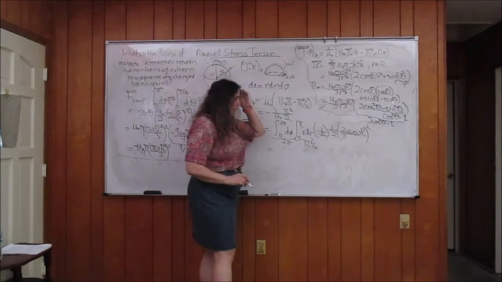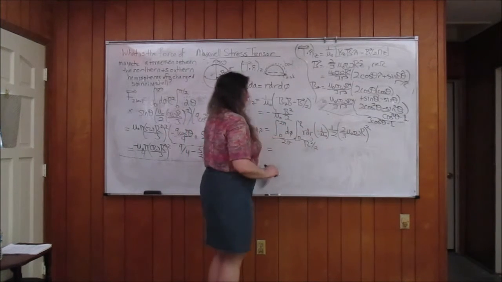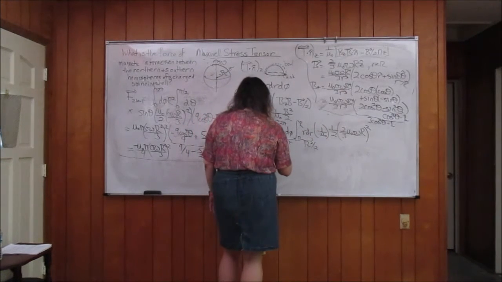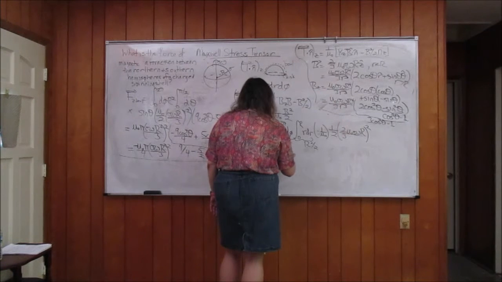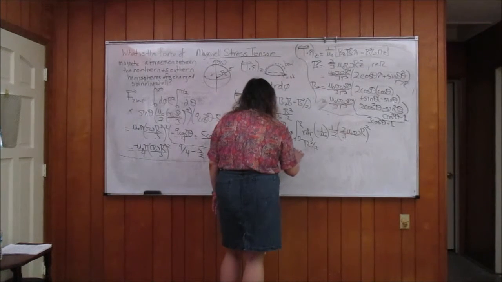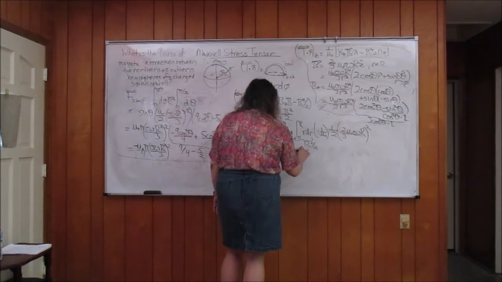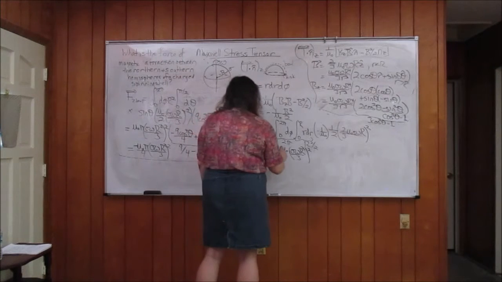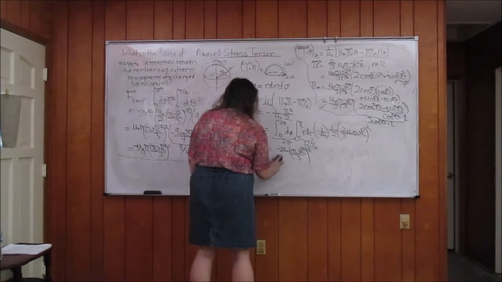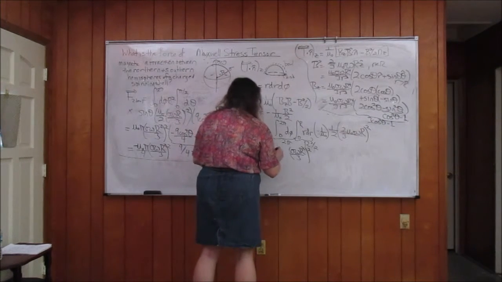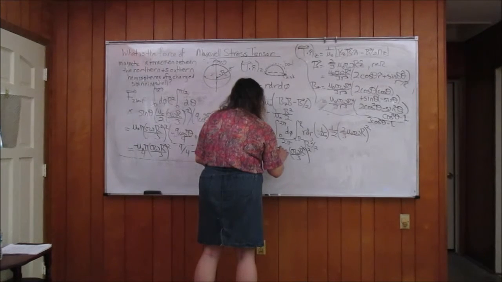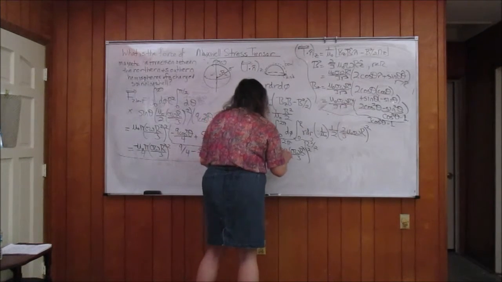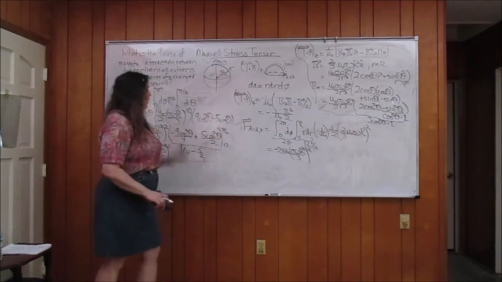That 2 cancels with that one. One of those 2 cancels with that one. And we've got a minus 2 pi mu naught.